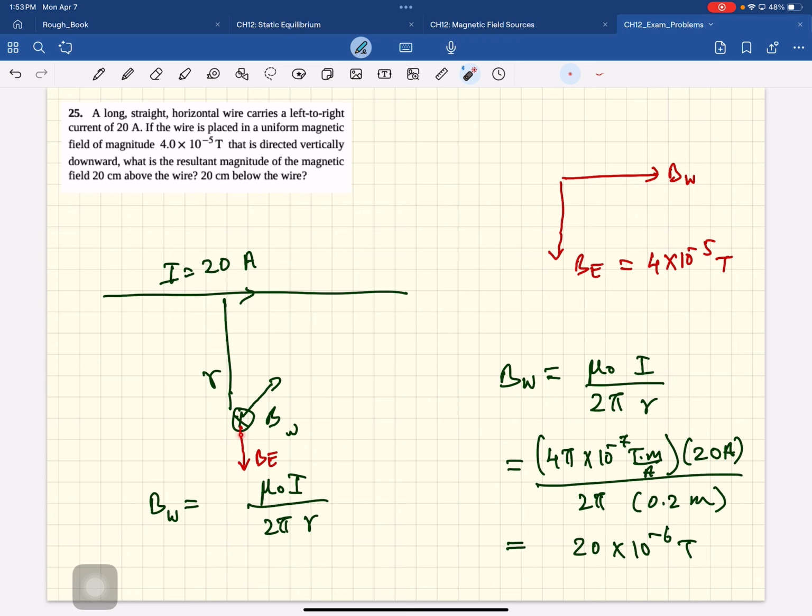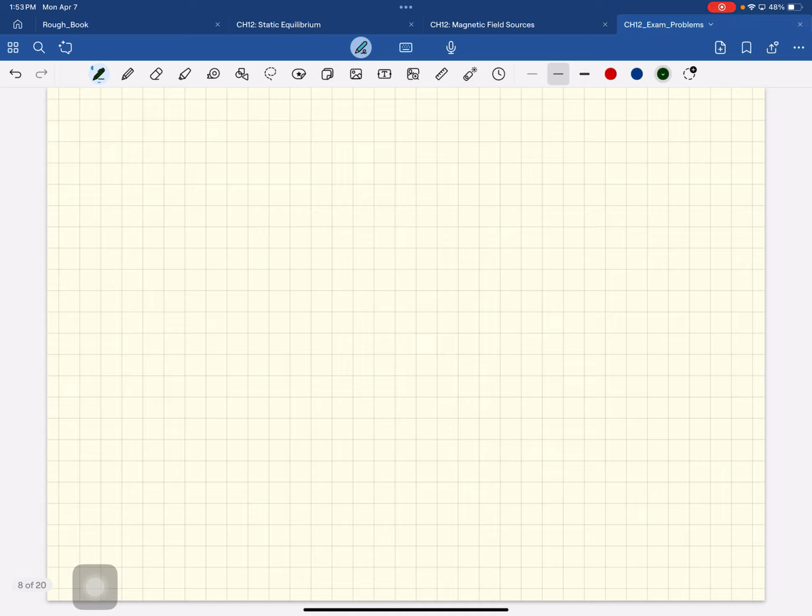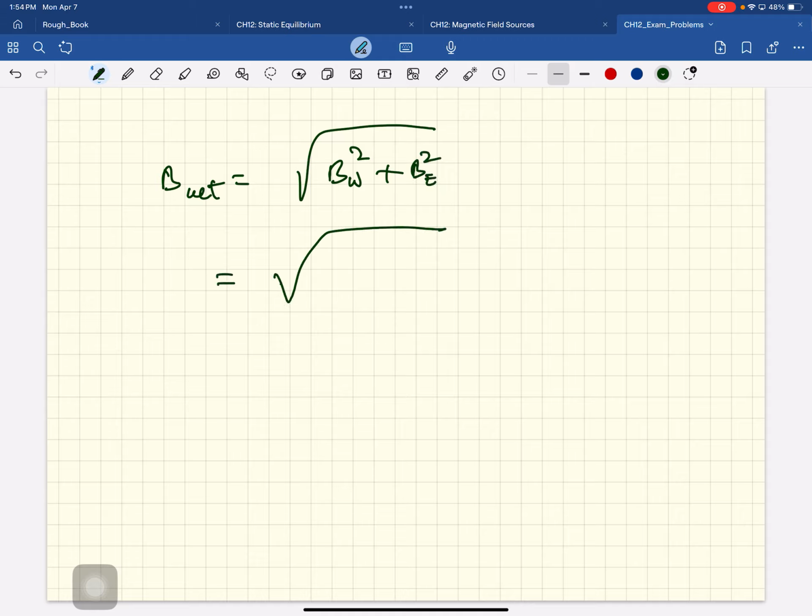This external field, which is the Earth's magnetic field near the poles, is that. So the net field will be somewhere like that. Okay? And what is the magnitude of the resultant field? So the net field will be in this direction, and the magnitude of the net field is B wire squared plus B external squared, 20 squared plus 4 squared.